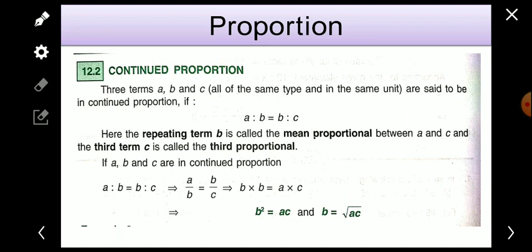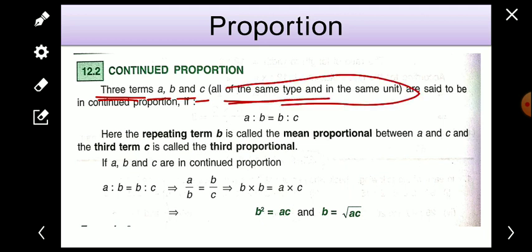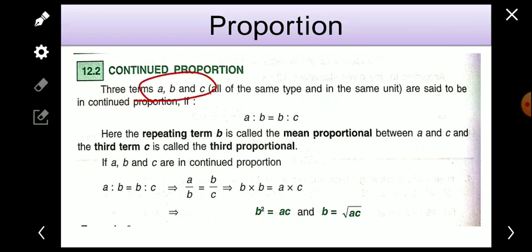Now we'll talk about continued proportion. Three terms A, B and C, all of the same type and in the same unit. All the quantities should be of the same type and in the same unit.